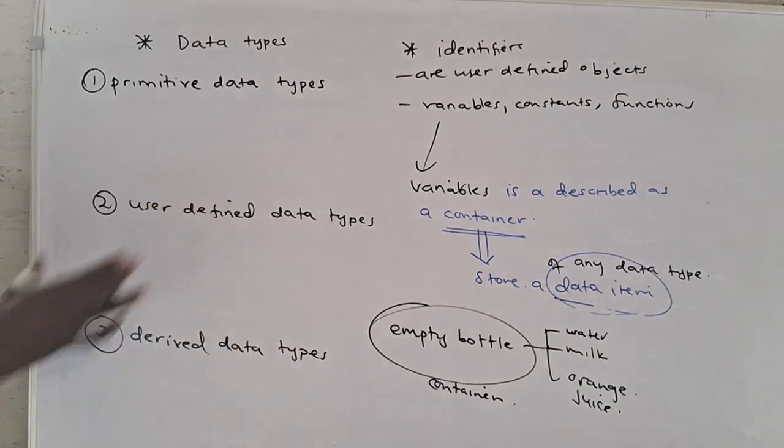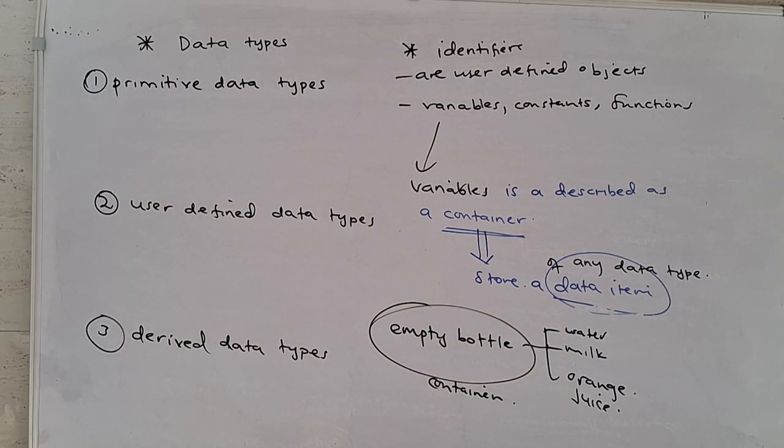So these are the three different types of data types. The data type decides the value that can be stored by an identifier.